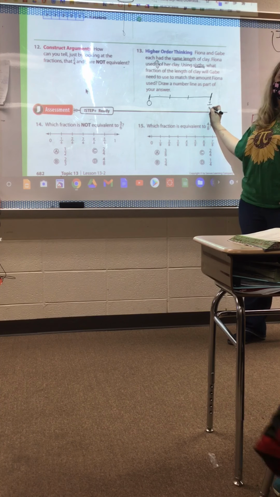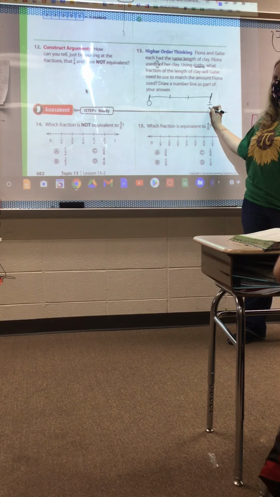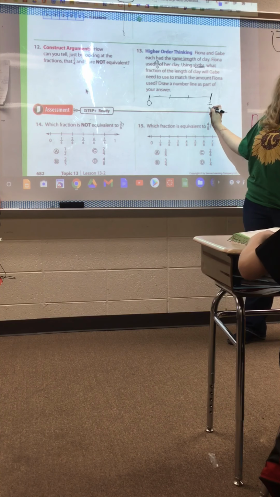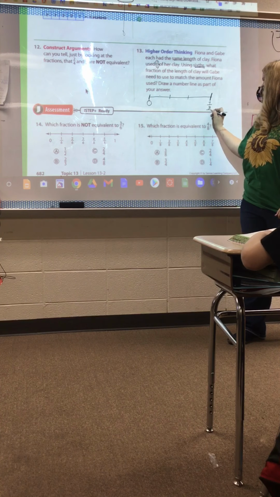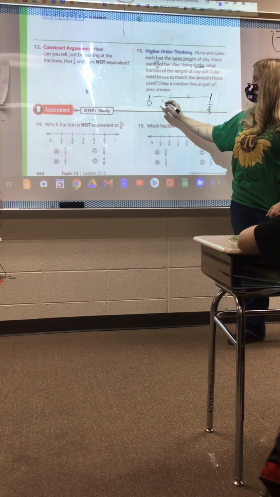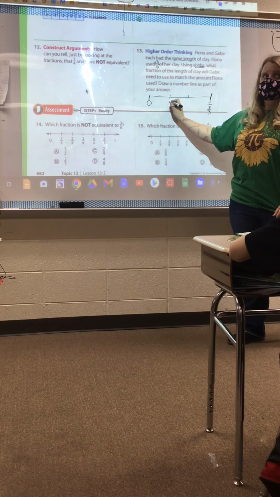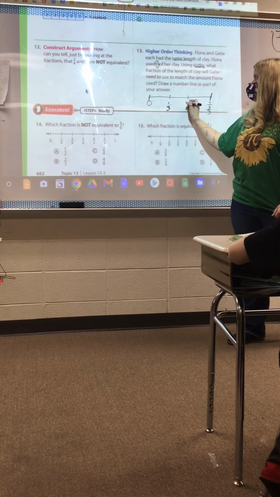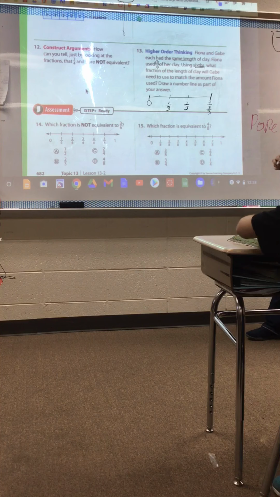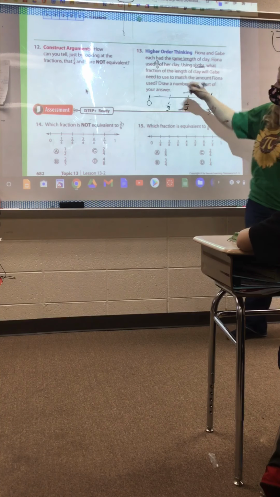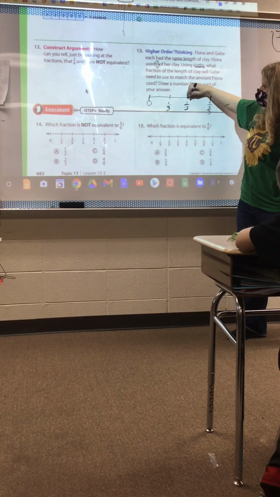What's my whole fraction for thirds? 1. Yeah. 3 thirds. So this would be 1 third. This one would be 2 thirds. And how many did she have? 2 thirds, right? So she's right here.